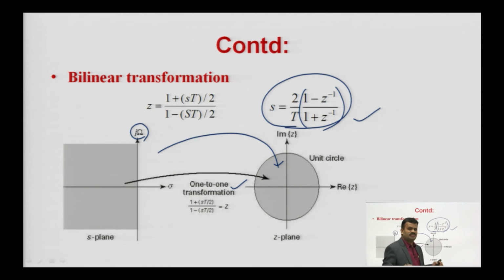Or simply, in the bilinear transformation method, you have to put only S equal to 2 upon T into (1 minus Z inverse) upon (1 plus Z inverse), then you will get directly H of Z in the Z domain, and now you will be able to design your digital filter easily. Okay. So, next.